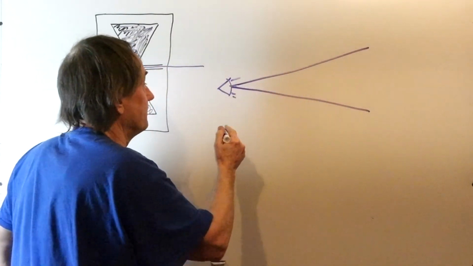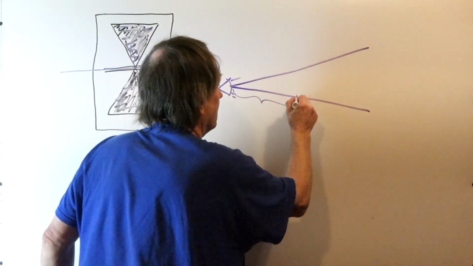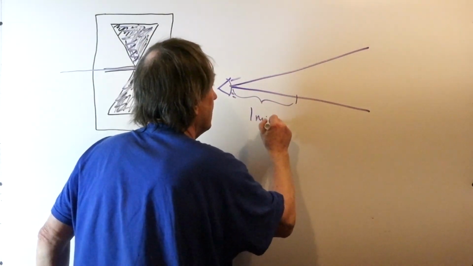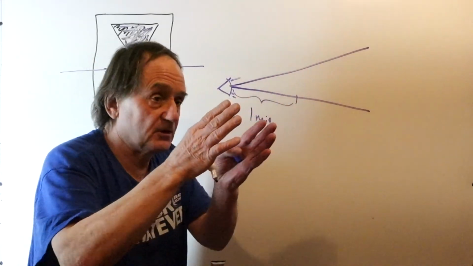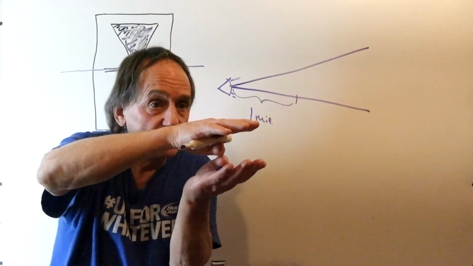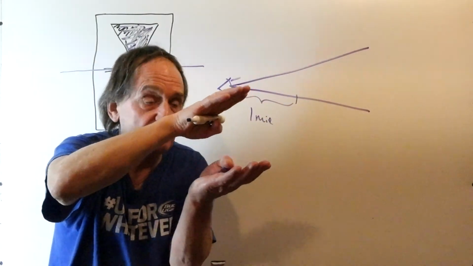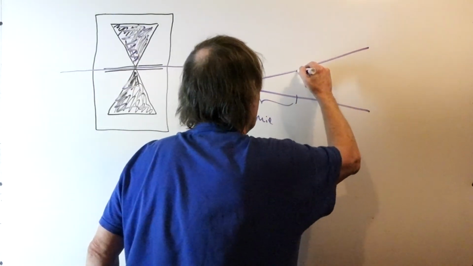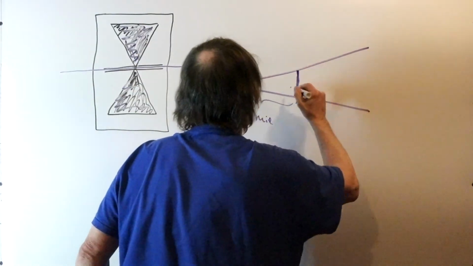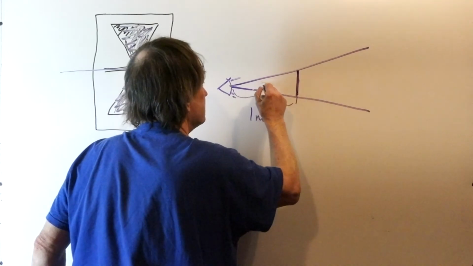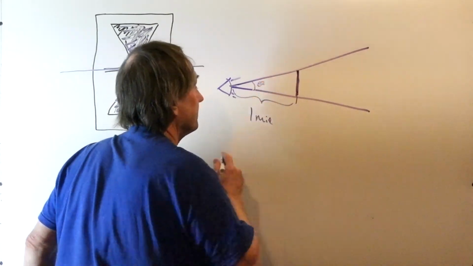For example, suppose we're out 1 mile and we have a certain angular dimension to that. We perceive this object out at 1 mile as having some angular size called theta.